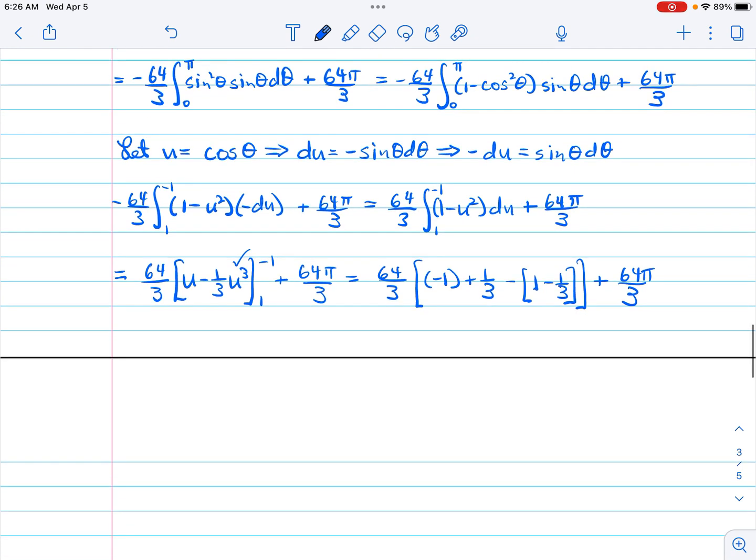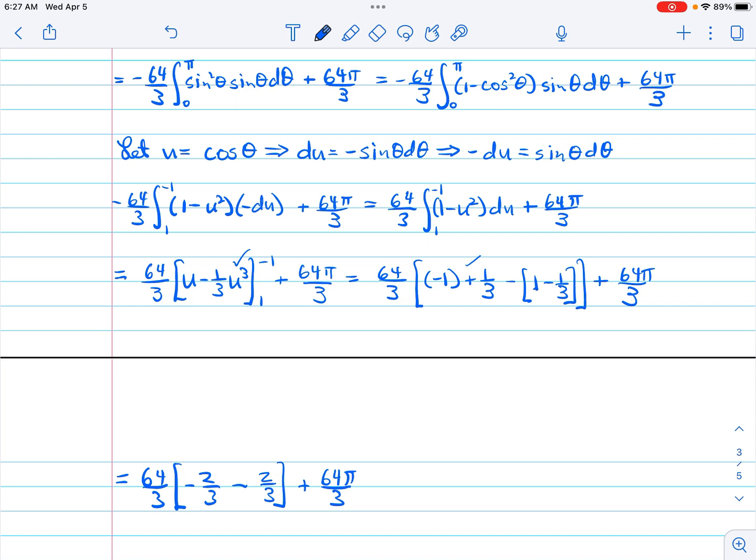Okay, now let's see what we've got here. We've got 64/3 times negative 1 plus 1/3. That's going to be negative 2/3. Okay, so I've got negative 3/3 plus 1/3, that's negative 2/3. Minus, let's see here, 1 minus 1/3, that's 2/3.